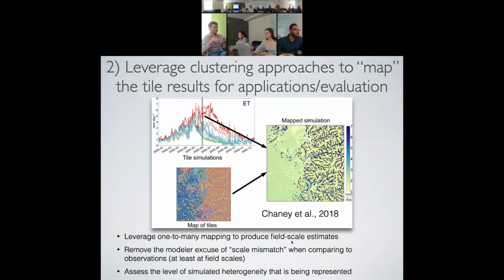You're just mapping the tile information to its corresponding cluster, and you can figure out what that simulation is at that given in situ probe for, like, a 100-meter pixel. Generally the result is depressing, in the sense that we realize the properties in our models and the process representation are not great. But it forces us to be a little more critical of our models, instead of saying scales don't match, therefore I can't compare.